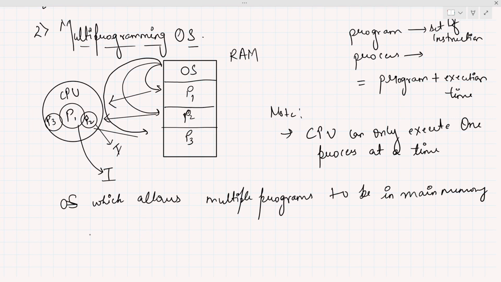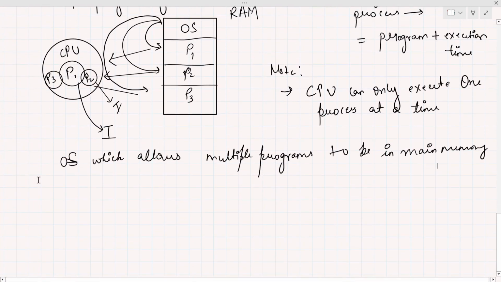Then that operating system is called a multi-programming operating system. And there is one more thing called the degree of multi-programming, which means the number of processes in the system. Here you can see we have only 3 processes, 1, 2, 3, so the degree of multi-programming in this case is 3. The number of processes in main memory is called the degree of multi-programming.